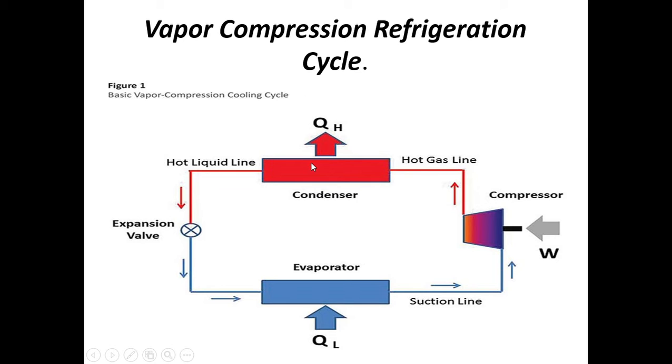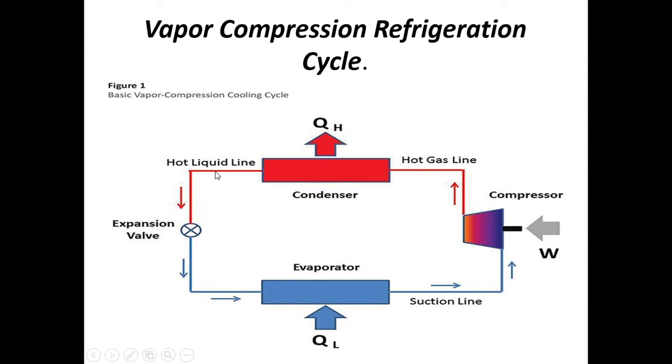So heat will flow from the condenser to the outside air. The refrigerant rejects its latent heat to the outside air because its temperature is very high, and hence it condenses. After the condenser, you get a hot liquid.